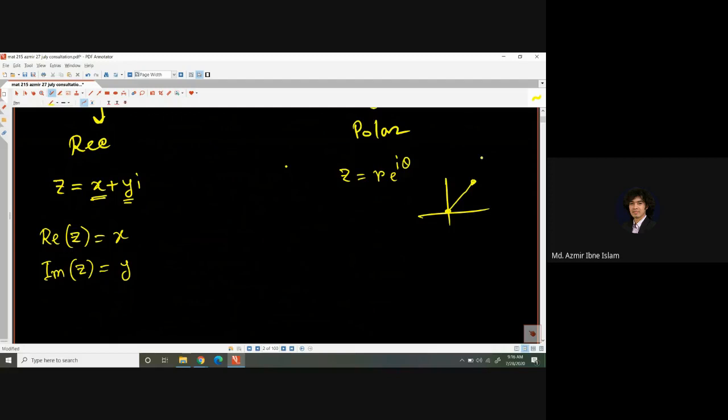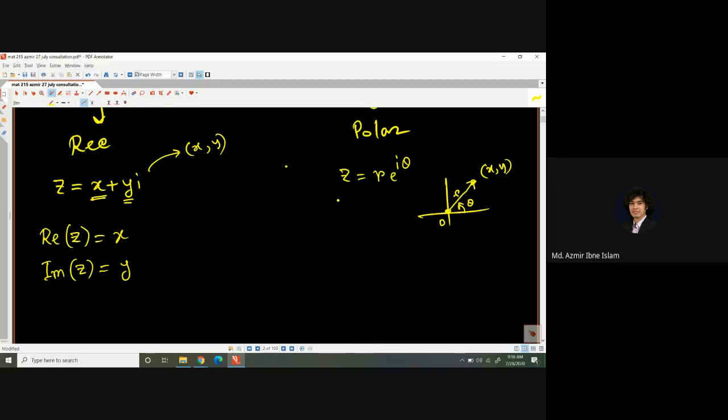Any complex number z equal to x plus yi can be thought of as a point x comma y. The distance from the origin to that point is r, the modulus, and the angle from the positive x-axis to that line is the argument.